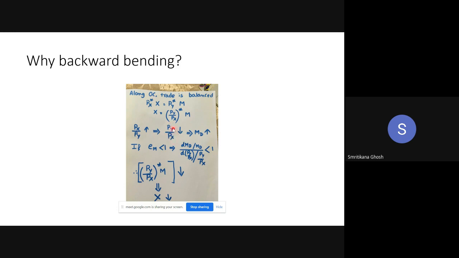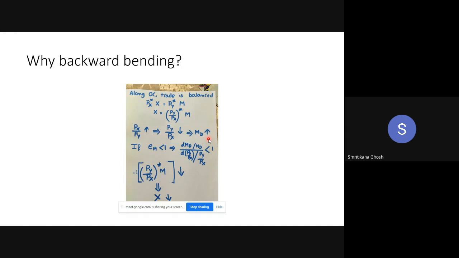Now, if Py by Px is falling, that means relatively, try to understand, relatively importables are becoming cheaper. Py is my import price, so this is falling, and relatively import is becoming cheaper. So that means demand for import should rise.